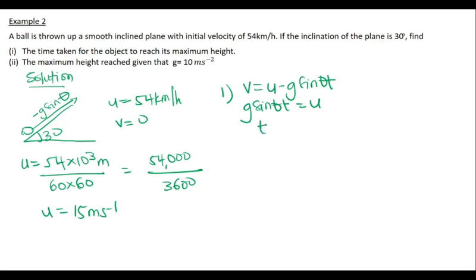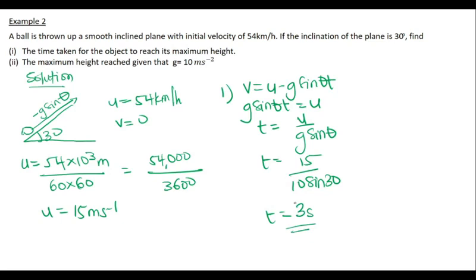So t is u divided by g sine theta, which is 15 divided by 10 sine 30. If we input this into the calculator, we get 3 seconds. So the time it took this body to reach the maximum height is just 3 seconds.